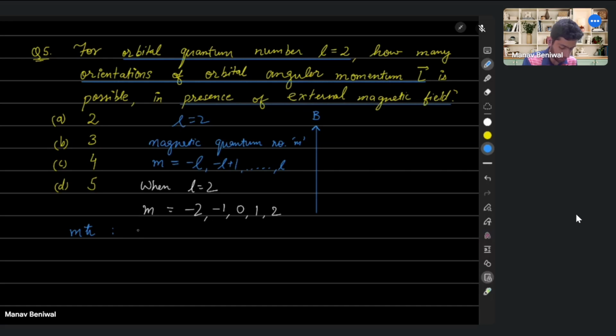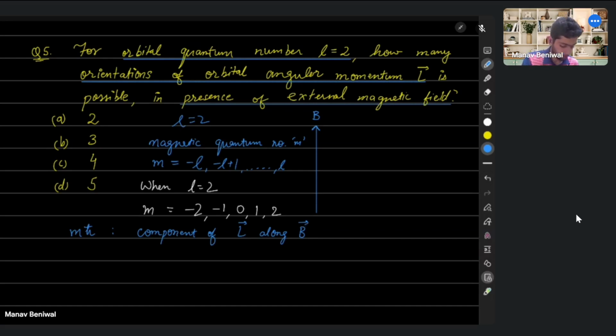This is nothing but the component of orbital angular momentum L along B. Okay.